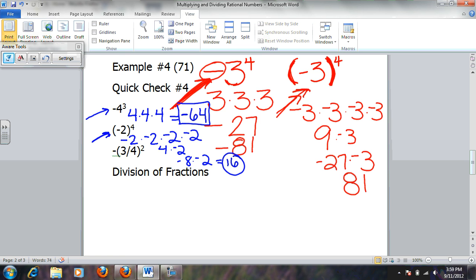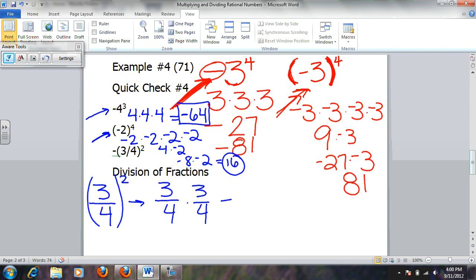The opposite of 3/4 squared. How do I square a fraction? 3/4 squared. It means 3/4 times 3/4. How do I multiply fractions?